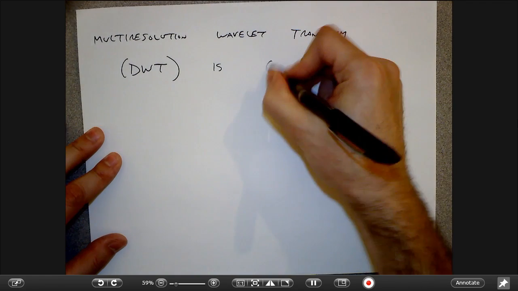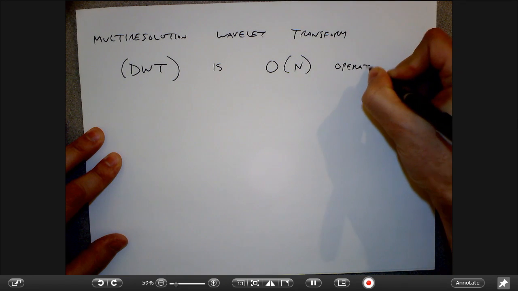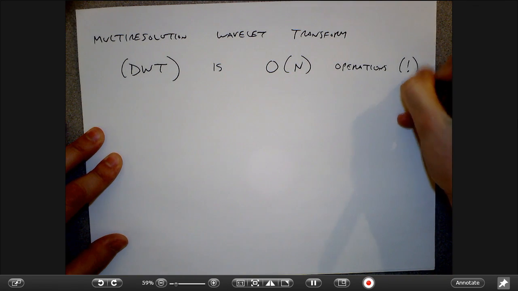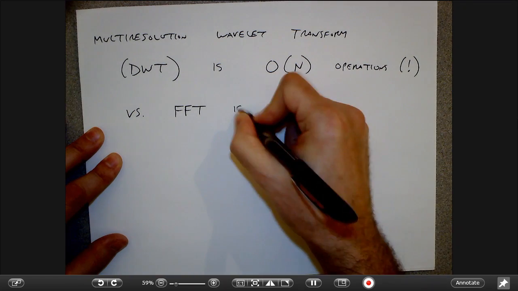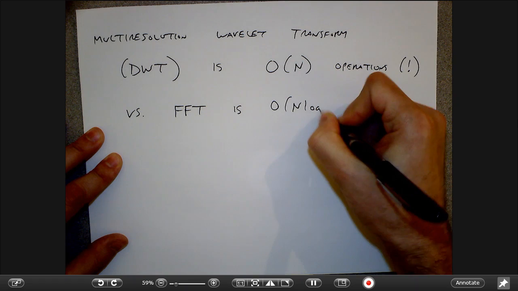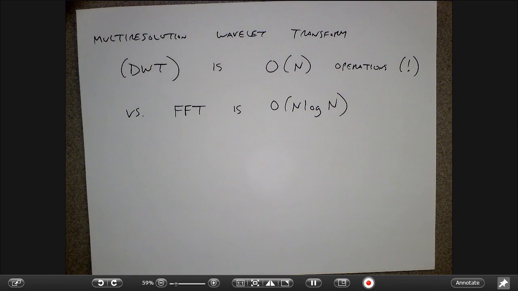It turns out to be order of n operations, whereas all of the FFT algorithms we talked about were order of n log n, right? And so wavelets can be accomplished extremely efficiently, right?